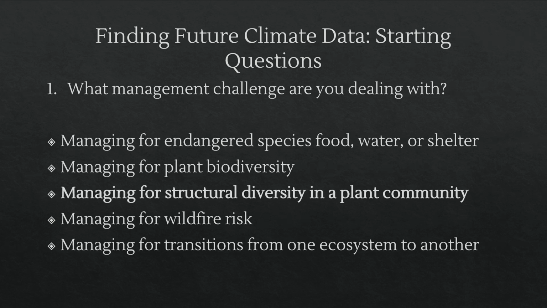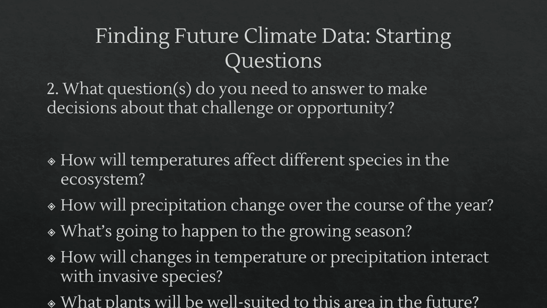I'm going to step through this using this as the example, managing for structural diversity in a plant community, just because that's where my brain tends to work. So second question that I ask myself is, what question do I need to make decisions about this challenge or opportunity, in this case related to plant community structure?